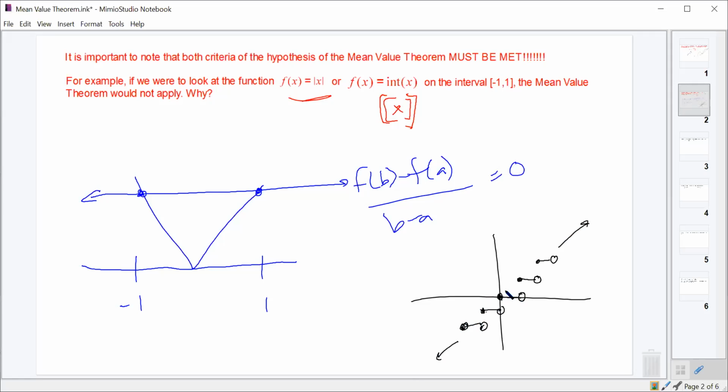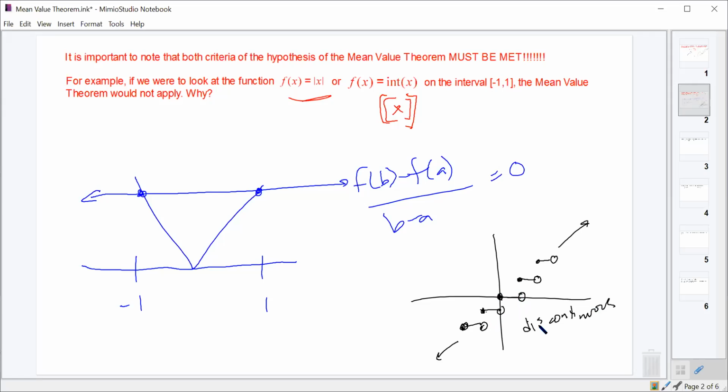But nowhere on this function between 0 and 1 is the slope actually 1, it's always 0. And so the reason for this is it's discontinuous. It's not continuous on those intervals. So just make sure that the function is continuous and that the function is differentiable on the interval that you're looking at.